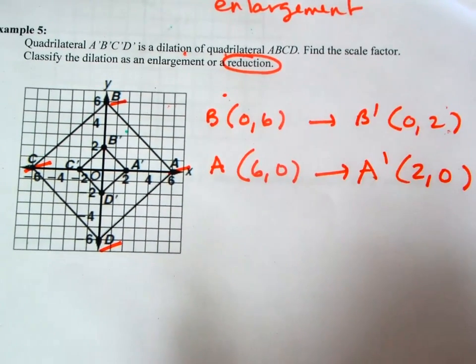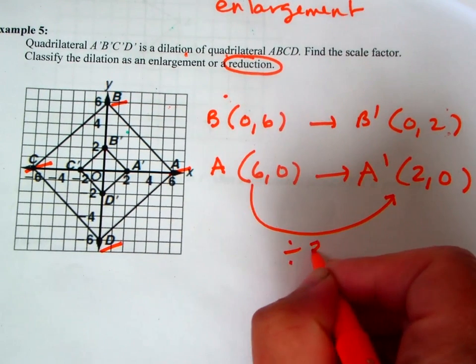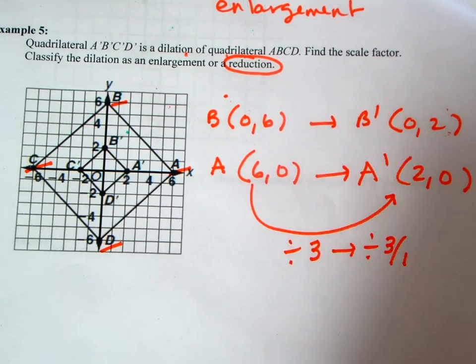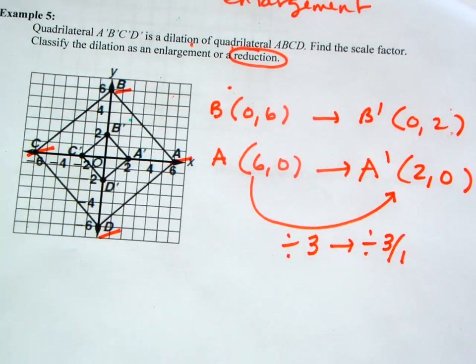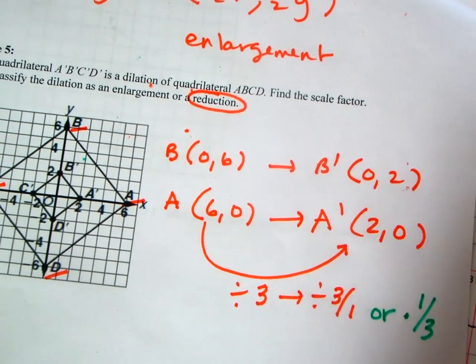but we aren't going to write it that way because in math we have come up with a convention that everything is multiplication. So when we divide by 3, or divide by 3 over 1, remember from 6th grade math that is the same as multiplying by a third.